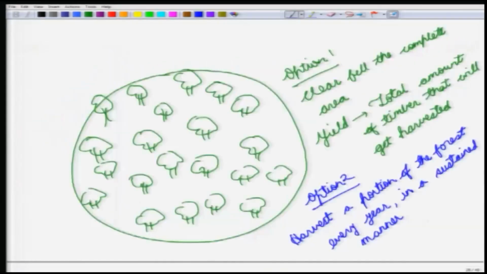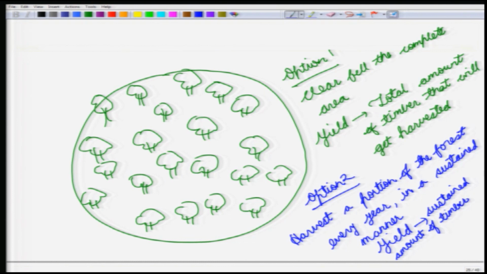So, this second definition of yield says what is the sustained amount of timber, or rather the maximum sustained amount of timber that can be extracted or harvested every year.